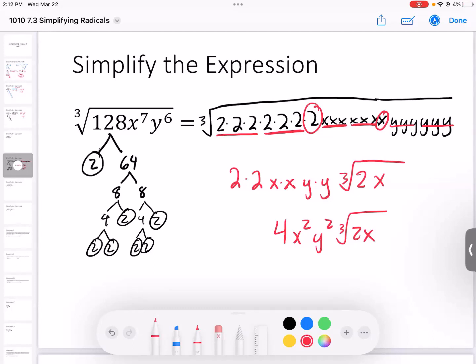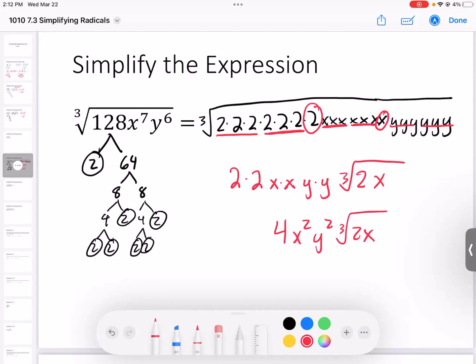When you say one left of them, so you have 2 pairs of 3 twos, right? So this triple of 2's is 2 cubed. When you do the cube root of 2 cubed, you get this 2.